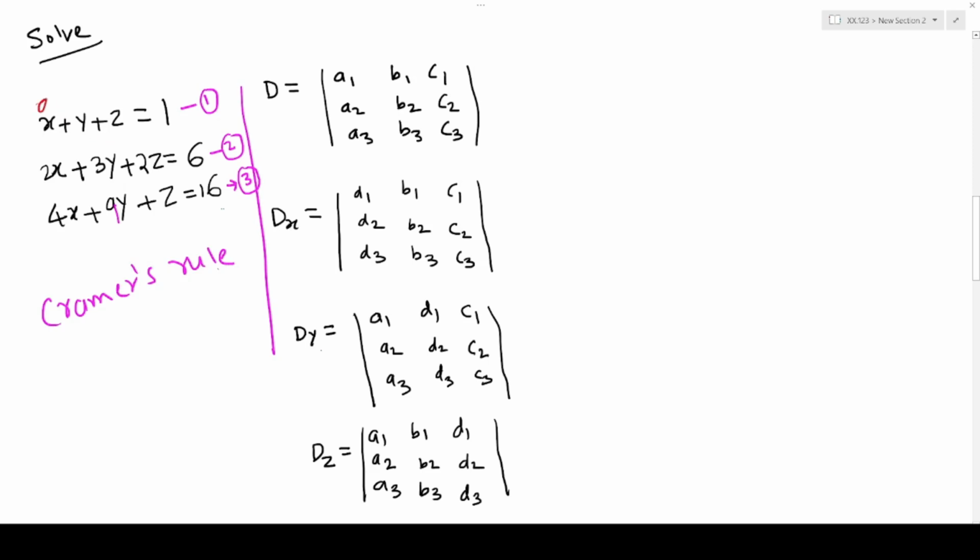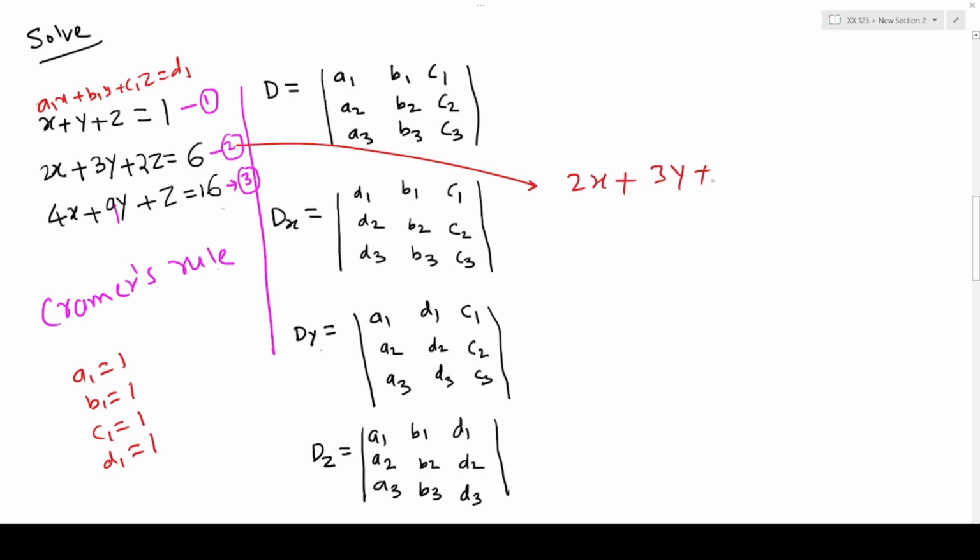Comparing the first equation with a1x plus b1y plus c1z equals d1, that is a1 is equal to 1, b1 equals 1, c1 equals 1 and d1 equals 1. After that, taking the second equation, 2x plus 3y plus 2z is equal to 6.